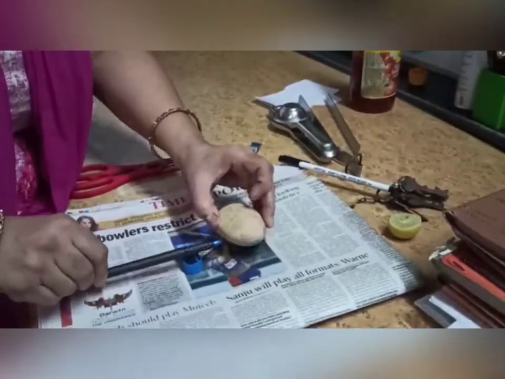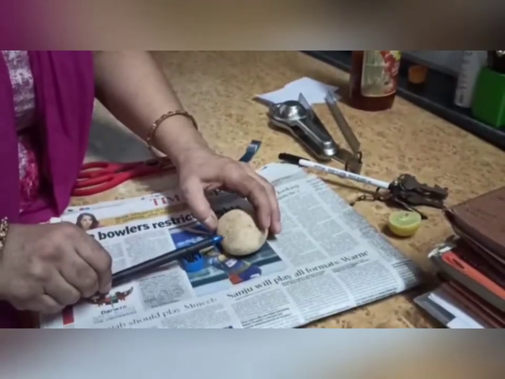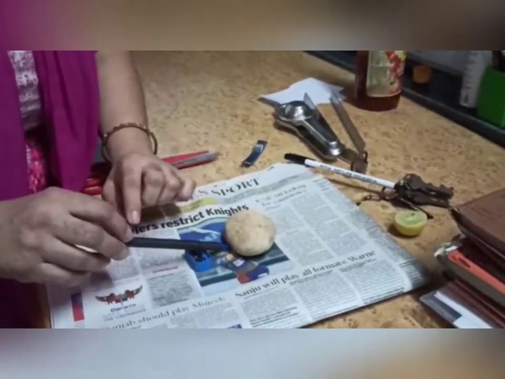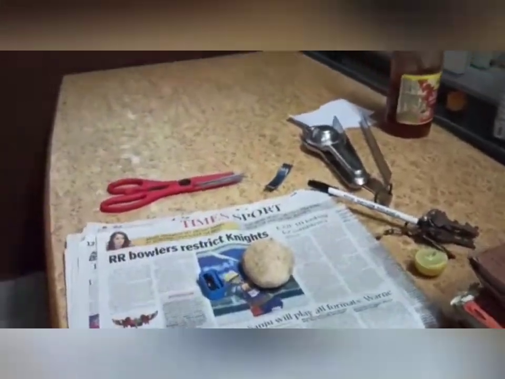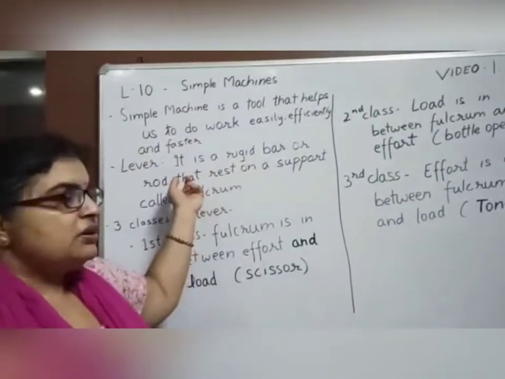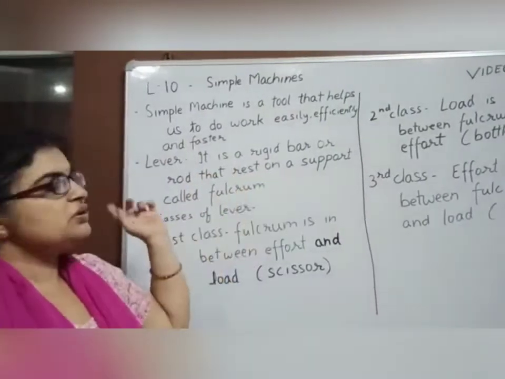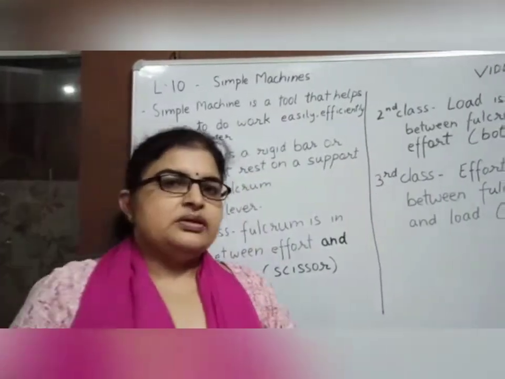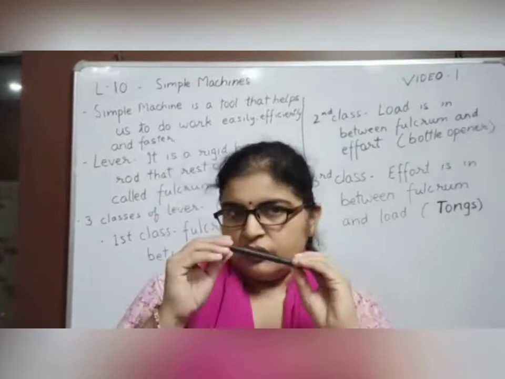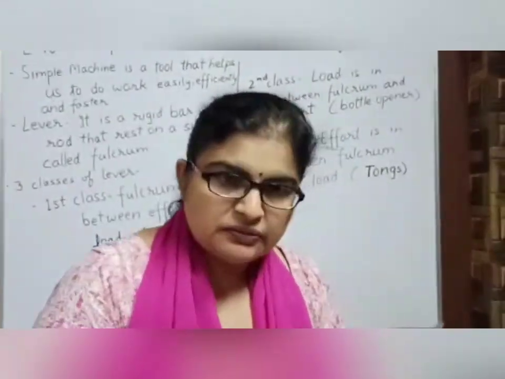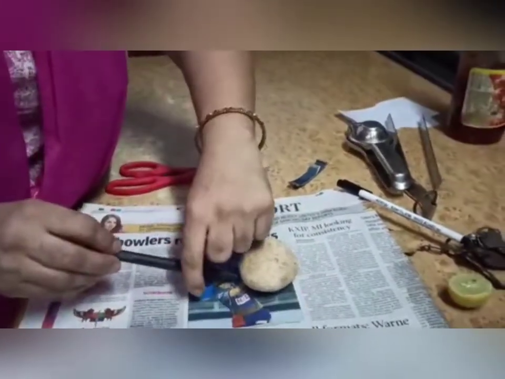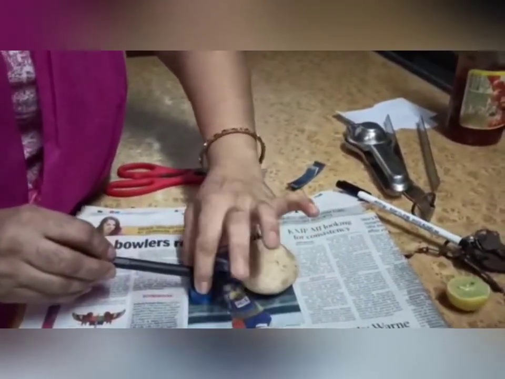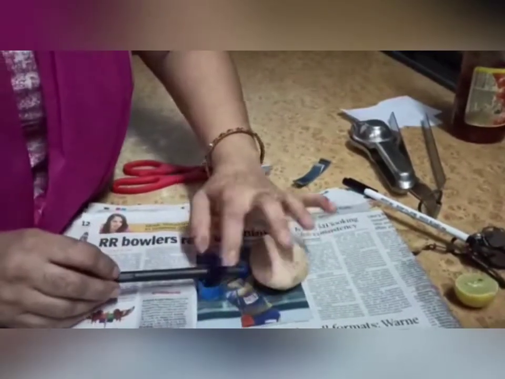Fine. So what is this? This is a lever that I made. A lever is a rigid bar or a rod that rests on a support called a fulcrum. So this pen was made a lever, and this pencil sharpener was made a fulcrum.